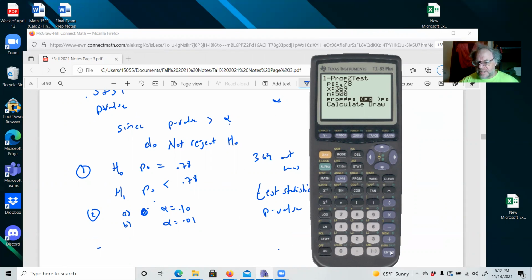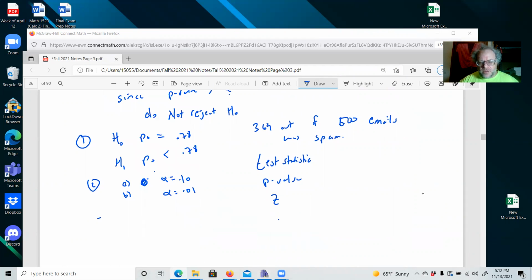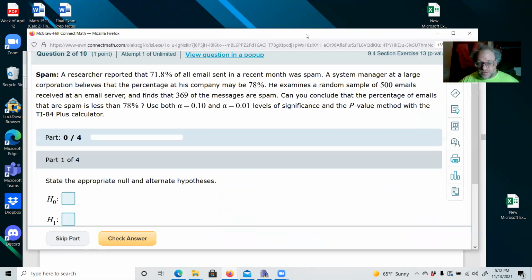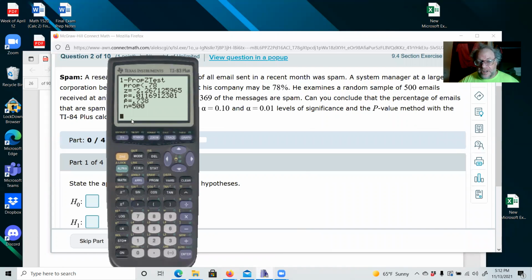Okay, and we'll just go ahead and calculate. Okay, so what happens here? Our z, our test statistic value, right? It's always z. Proportions always get a z. Do not use a t-value and try to give it degrees of freedom. That's not how you do this. Okay, our test statistic was negative 2.27. Okay, negative 2.27, we'll say.